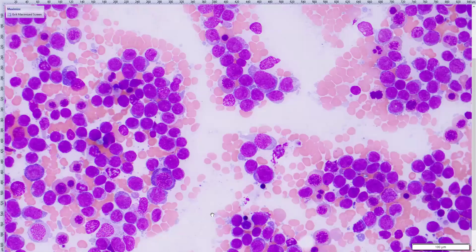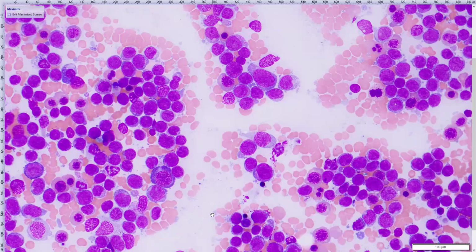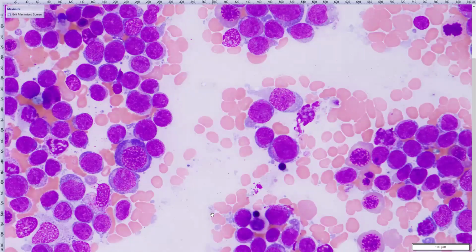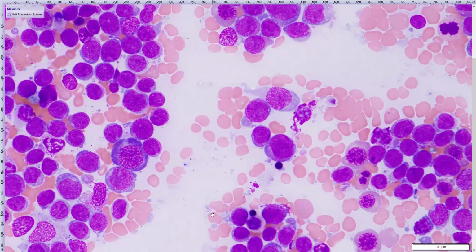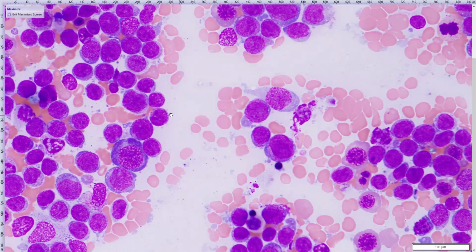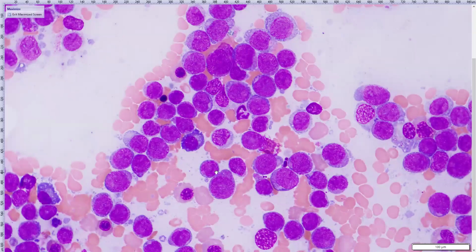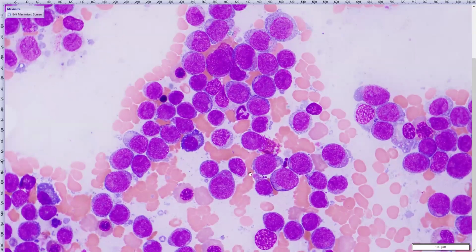So all these cells here, or most of these cells here that are large with the prominent nucleoli are blasts. Here in this field, this is a blast here. This is a blast as well. This cell is a blast as well. These here are blasts. Here as well, we do see these cells with large nuclei.